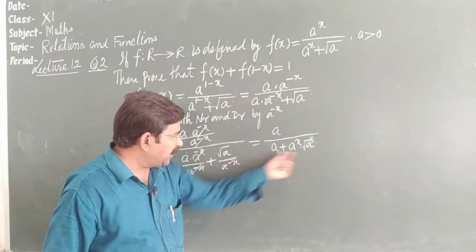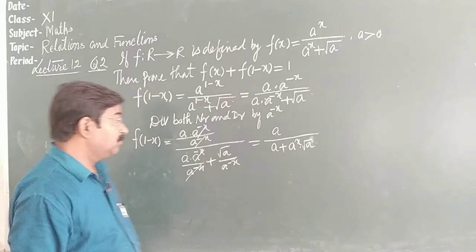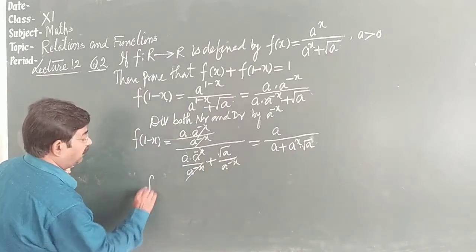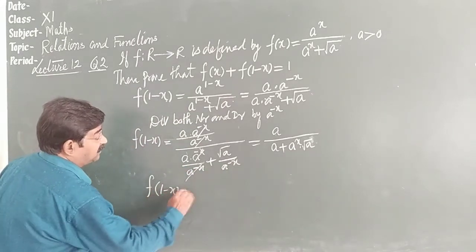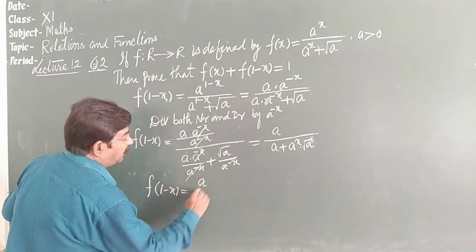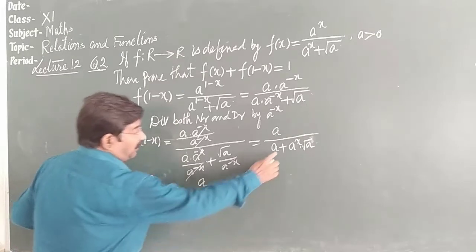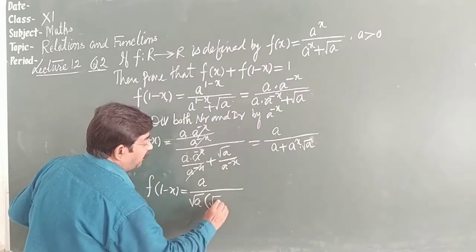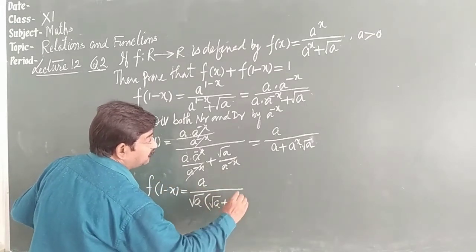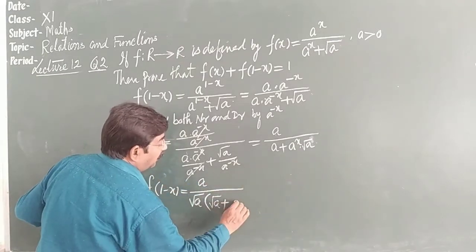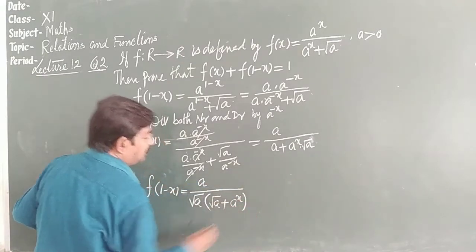Now take under root a common from the denominator. So we have f(1 minus x) is equal to a upon, if you take under root a common, under root a into (under root a plus a to the power x).